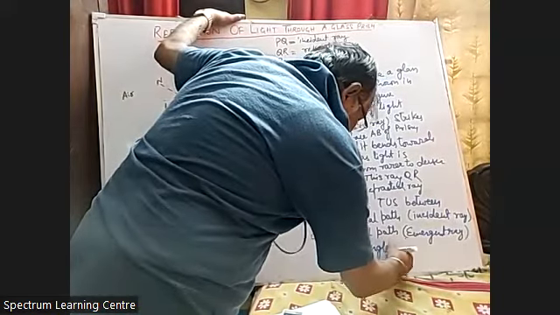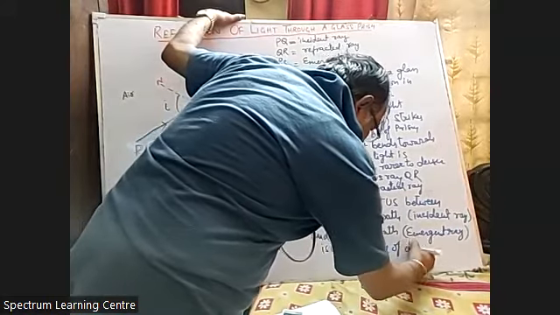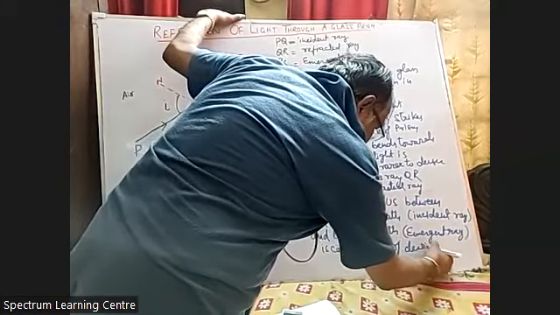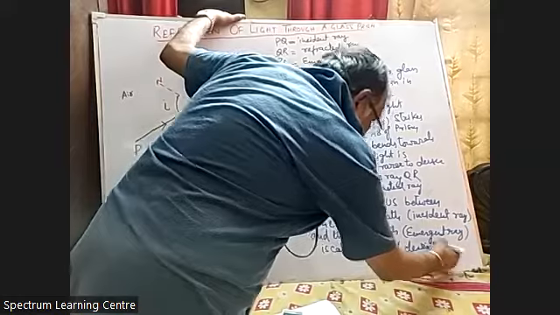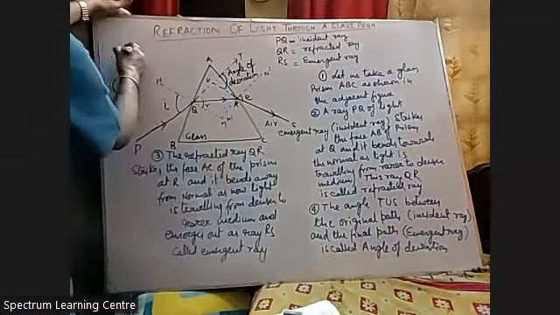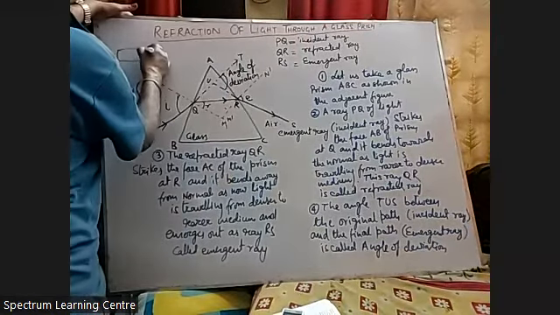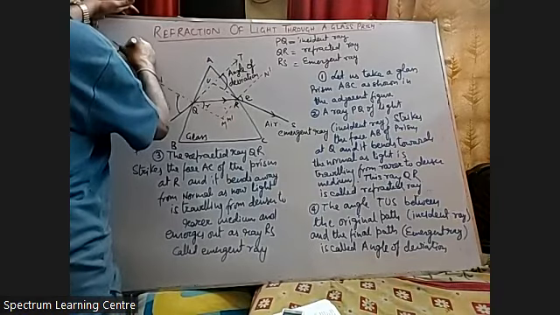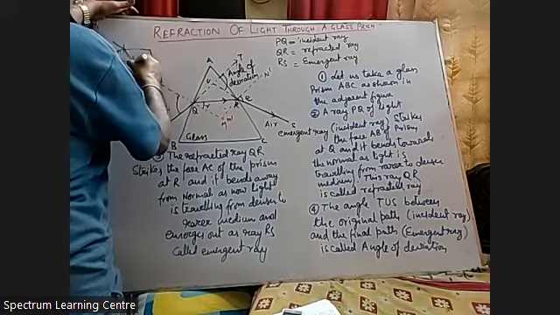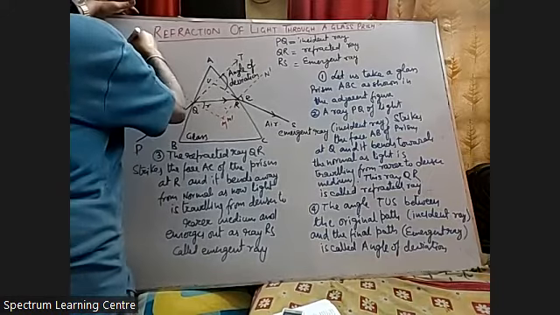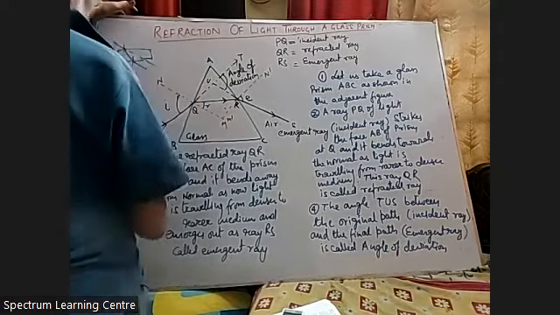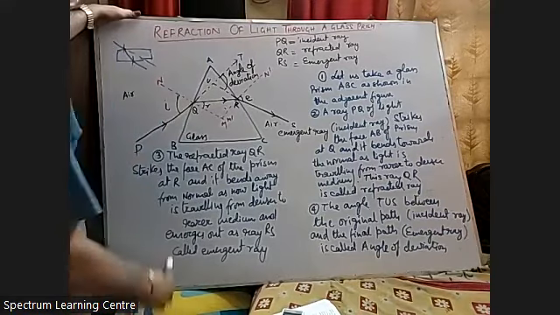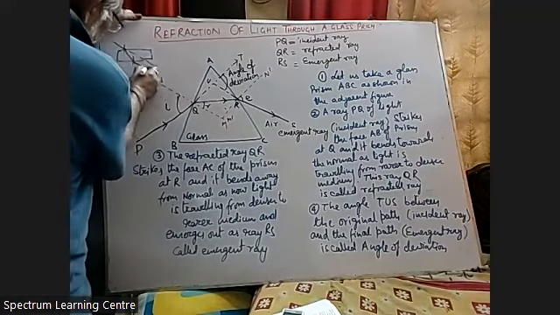Now here I would like to discuss one thing. If you remember the glass slab case, I'm drawing it roughly. Light is not deviated from its path. Light is along or parallel.